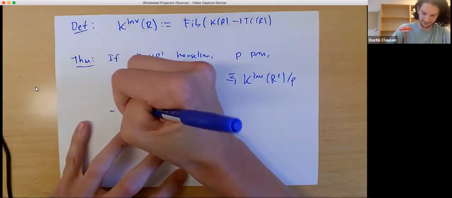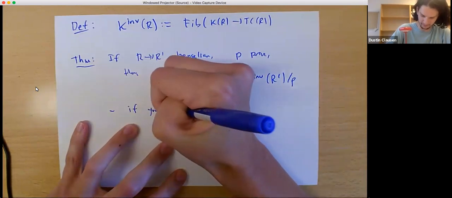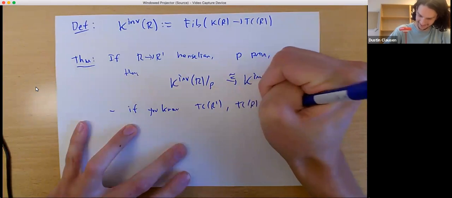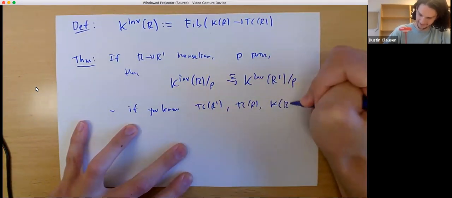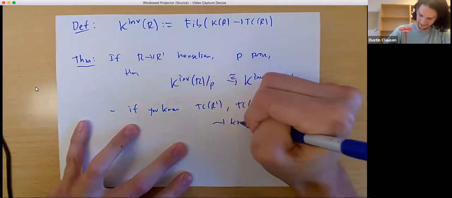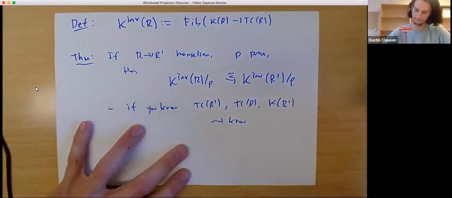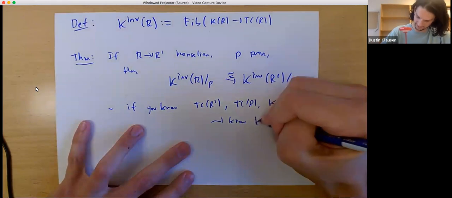One way of saying this is that if you know TC of R prime, TC of R, and K theory of R prime, then you know, well, I should say mod P. Let me implicitly mean mod P. Then you know K theory of R.